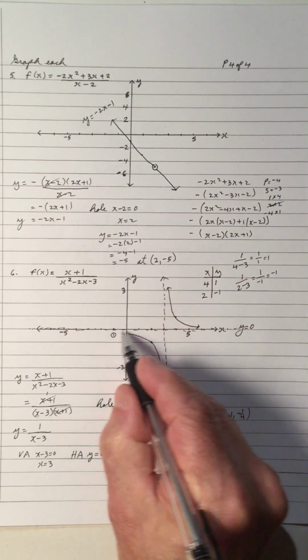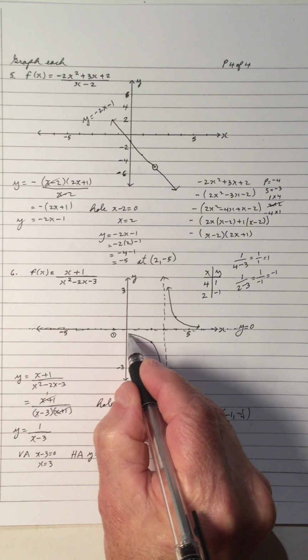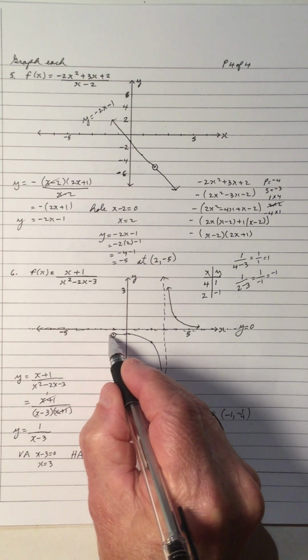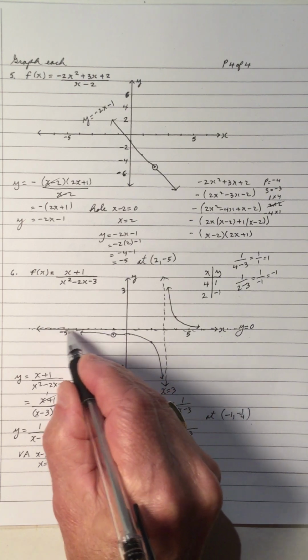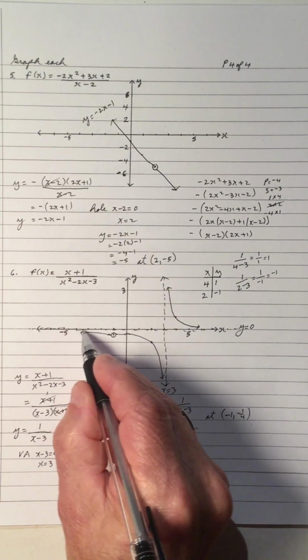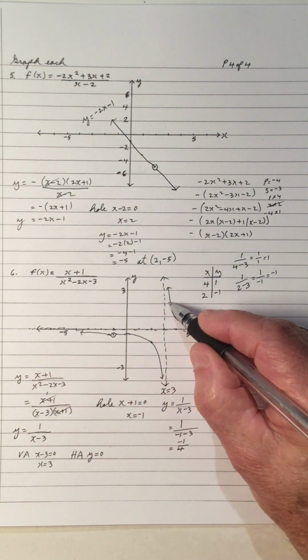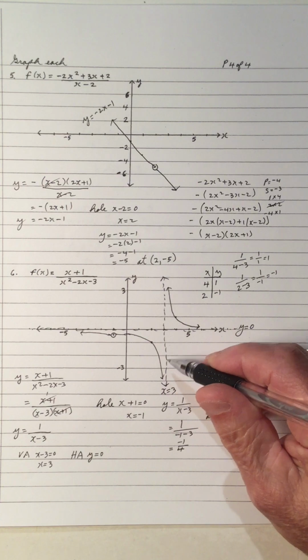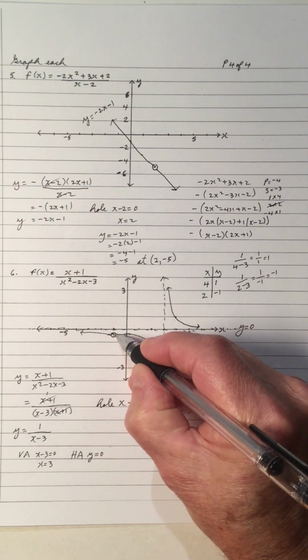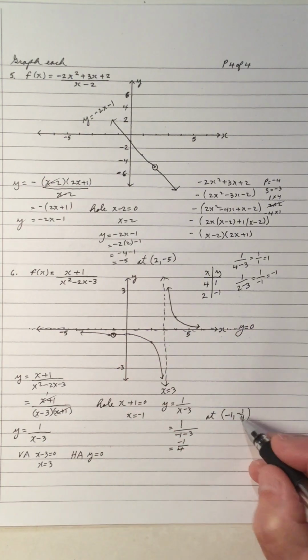And remember the horizontal asymptote: as x goes to negative infinity, y is approaching 0. As x goes to positive infinity, y is approaching 0. Notice there's a hole right there at negative 1, negative 1/4.